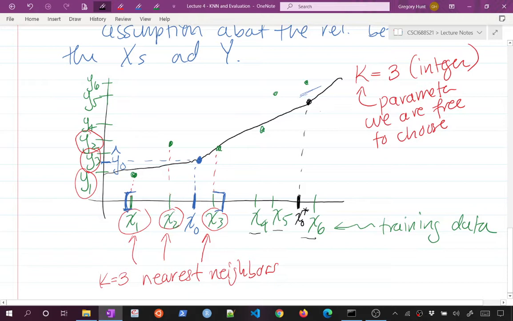So this black line is basically, I'm assuming I've done this game for every possible point on my x-axis. I'm going to get a different predicted value depending on where I am, depending on what the k nearest neighbors are to my putative point. I'm going to be averaging different y's depending on where I am, so I'll get different values, and I'll kind of scribe out some line.